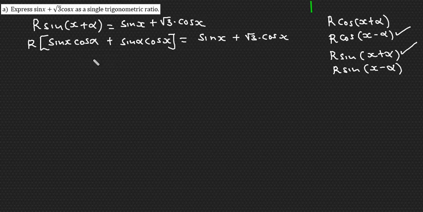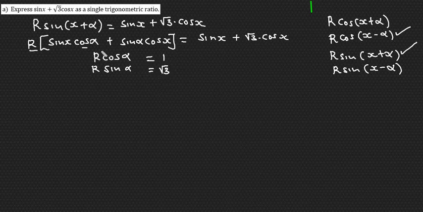So equating the coefficient of sine, we have r cos alpha equal to 1. For cos x, its coefficient is r sin alpha, and this is equal to root 3.